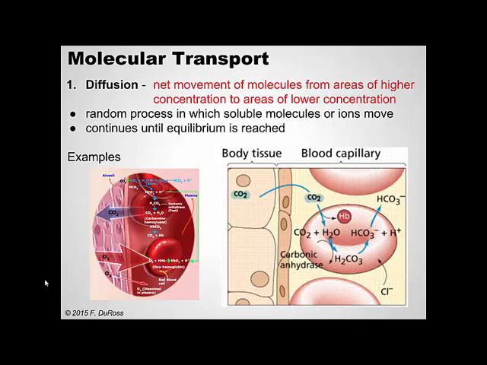When we talk about our lungs, in the alveoli of our lungs, we inhale air that is high in oxygen, and the capillaries surrounding these alveoli are lower in oxygen. And so the net movement of oxygen is into those blood cells.